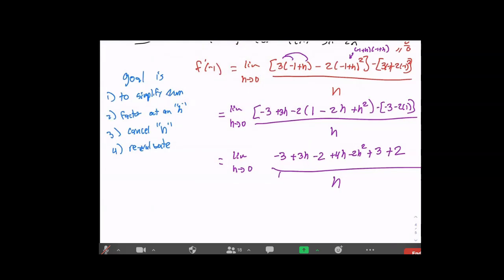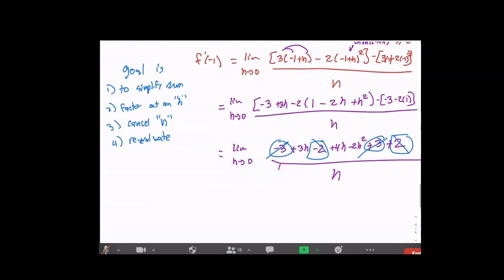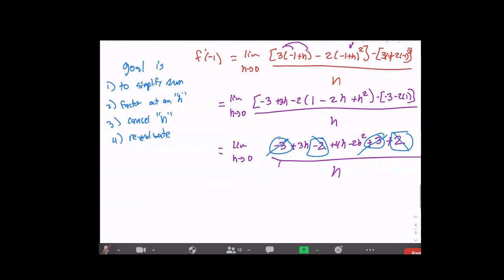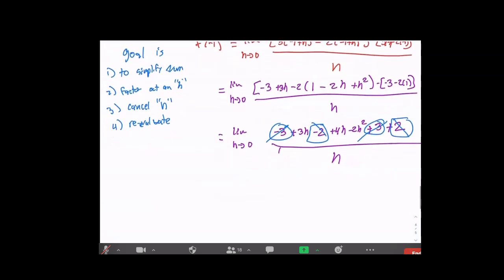And like I said, there's a good tip. If it doesn't have an h, it will go away in the numerator if you've done this right, 100% of the time. So what about this 3? You notice the -3 and 3 reduce out. The -2 and the 2 reduce out. Anything that does not have an h attached to it will always reduce out if you've done this correctly.